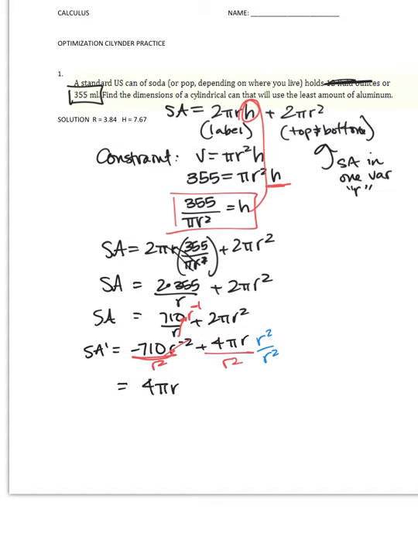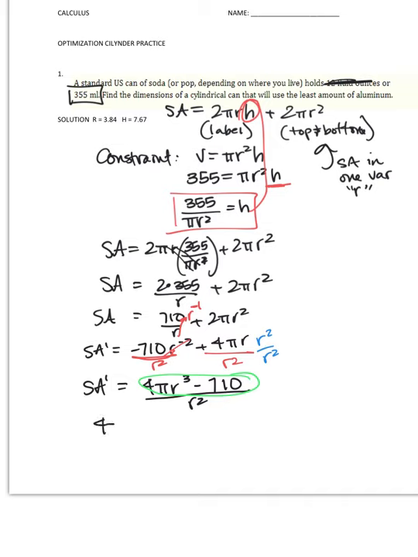So I'm going to move these around in the front. So we have 4 pi r cubed minus 710 all over that common denominator of r squared. So now we want this to be equal to 0, and that will be minimizing based on the derivative. In order for that to happen, we just need to worry about that numerator.